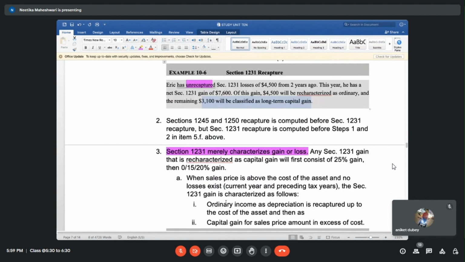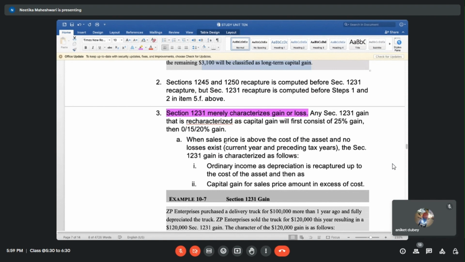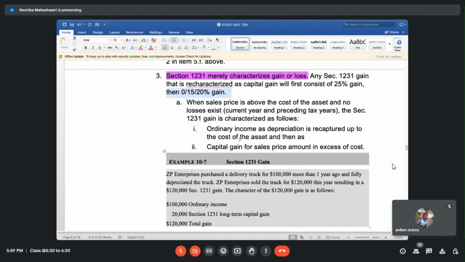Okay, let's go ahead. Section 1231 merely characterizes gains or losses. This is a rule that we should remember: any section 1231 gain that is recharacterized as capital gain will first consist of 25% gain, and then it will go to other categories. Again, there is an example, we'll go over that.